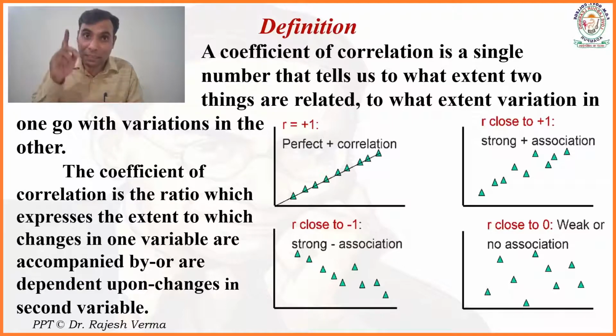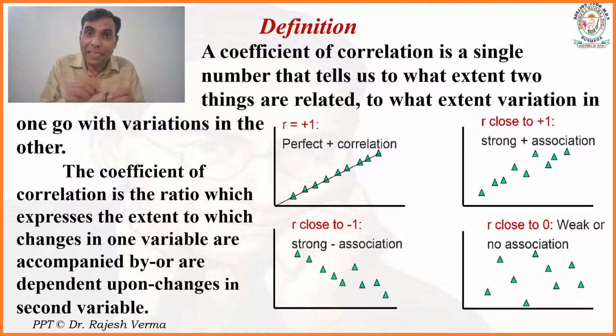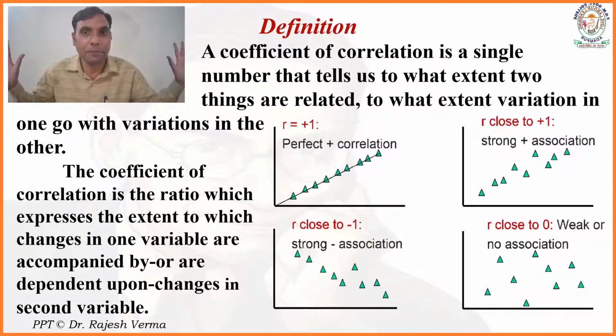It has nothing to do with the causal factors. It can only explain the strength of the relationship between two variables and their direction. Direction means whether the relationship between these two variables is either positive or negative.